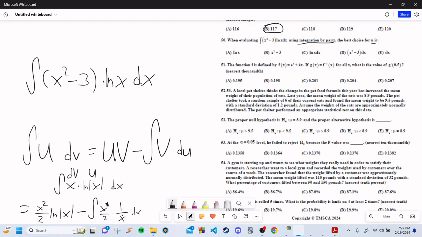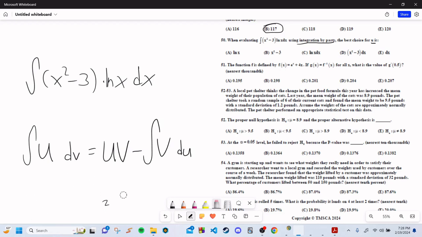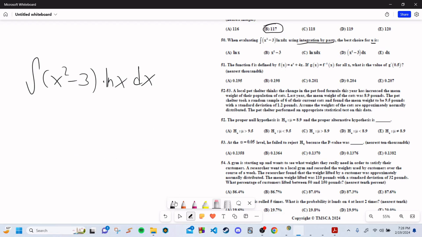So we can get rid of an x here and here. So we're integrating x over 2 dx. So that will be x squared over 4. And so this would be the integral. It's important to know integration by parts, but generally, just for this problem, you just gotta know that u is the one that's easily differentiable, and dv is the one that's easily integratable.